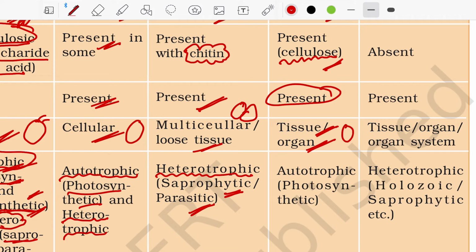They are multicellular, with many cells combined to form a tissue, and organs are present. Their mode of nutrition is autotrophic; they prepare food by themselves through photosynthesis.